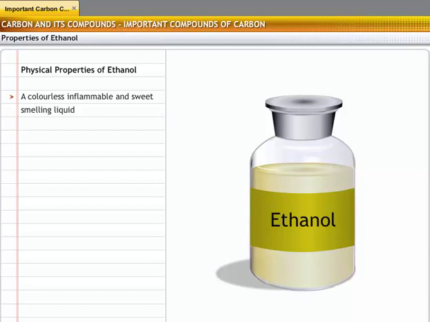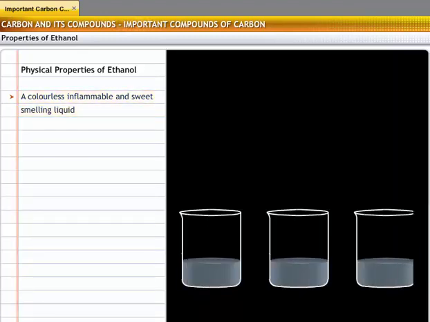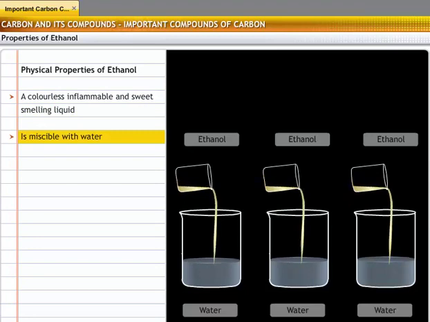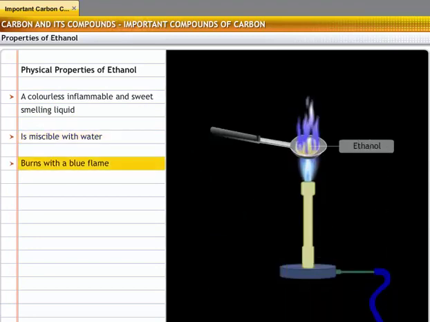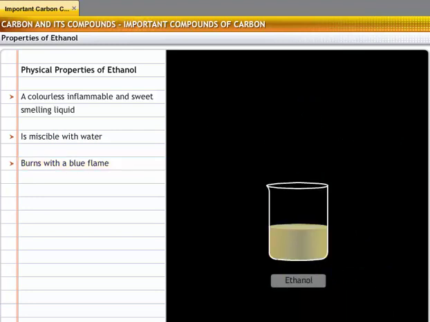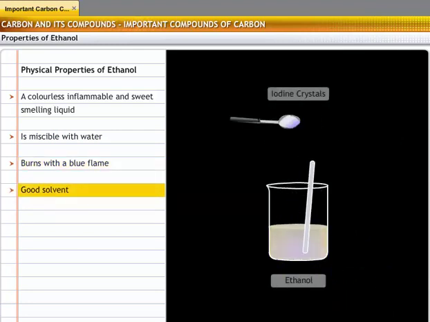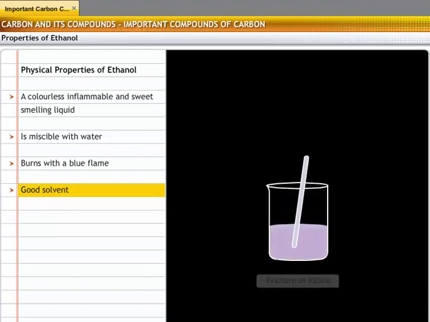As a typical member of the alcohol family, ethanol is a colorless and inflammable sweet-smelling liquid. It is miscible with water in all proportions. It burns with a blue flame. It is a good solvent that dissolves most known substances.